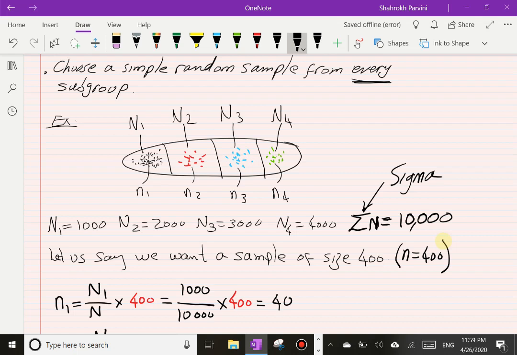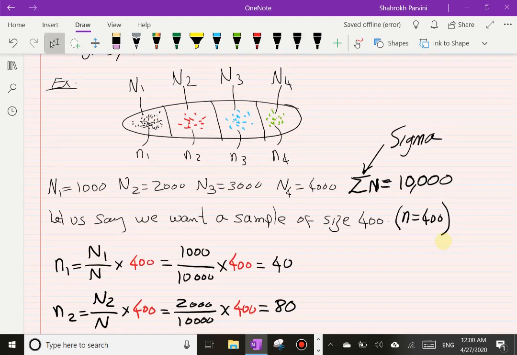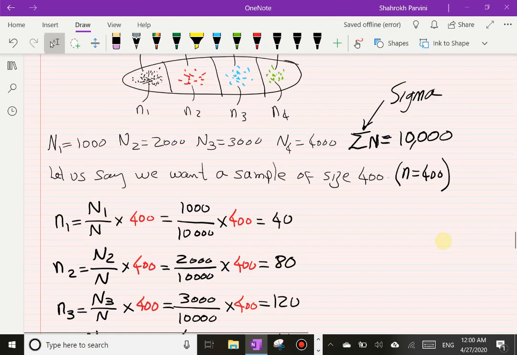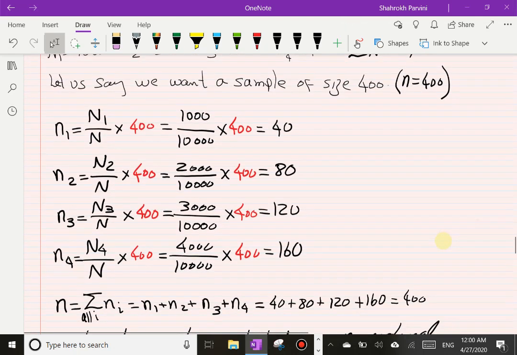A sample of size 400 means 40 subjects should come from the first stratum. From the second stratum, the population size is 2,000. So for this one, I'm going to make that again proportional to the size of the subgroup relative to the total population. Twice as many as the first should come from the second, and so on and so forth, until I have my sample of size 400 this way.